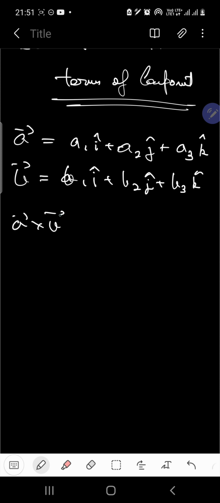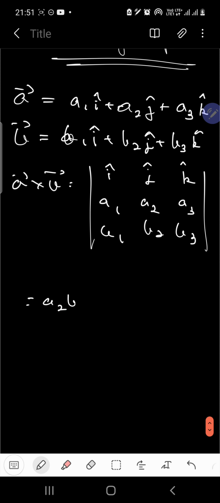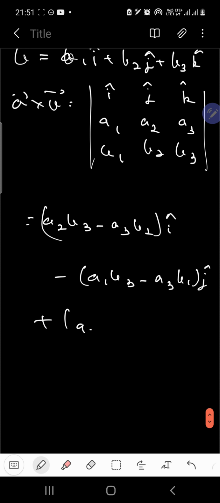Then A cross B is given by the determinant with rows i cap, j cap, k cap; A1, A2, A3; B1, B2, B3, which is (A2 B3 minus A3 B2) i cap minus (A1 B3 minus A3 B1) j cap plus (A1 B2 minus A2 B1) k cap.